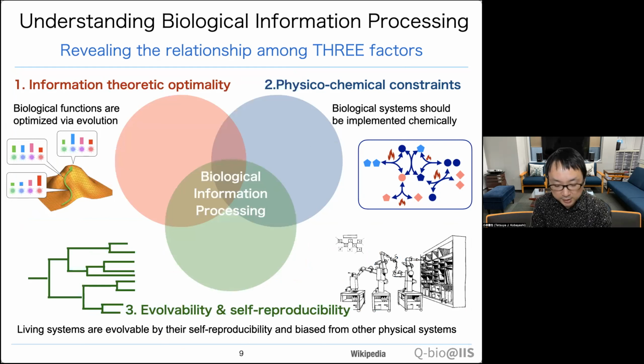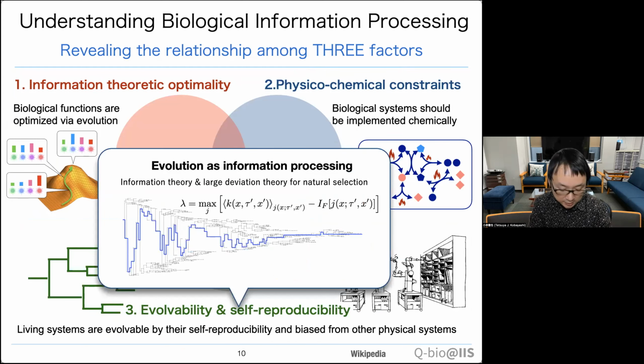Okay, the last factor we are looking at is the evolution and also the ability to self-replicate of cells or biological systems. Compared with engineering information processing systems, a big difference between biological systems and engineering systems is that biological ones have been shaped by evolution.